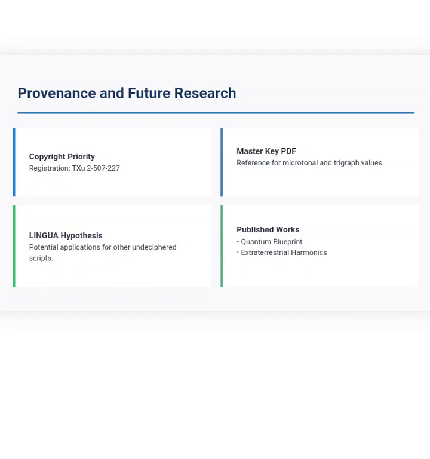This ensures the integrity and traceability of the methodology we've analyzed throughout this session. For practitioners, please note that the master key PDF is the essential reference for the microtonal and trigraph values. While we've discussed the core theory, that document contains the specific frequency mappings required for high-fidelity reconstruction.